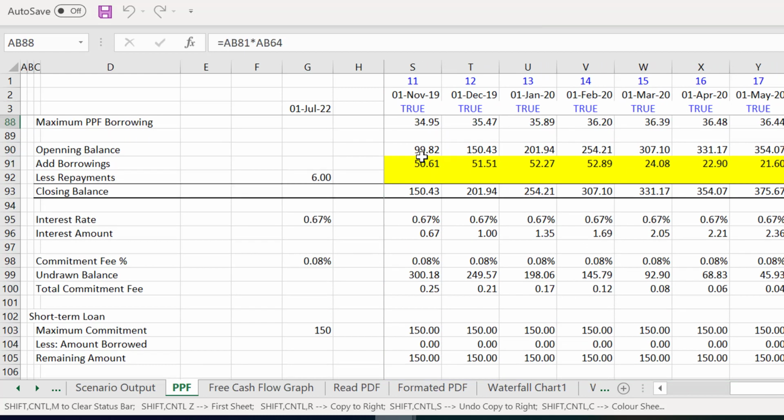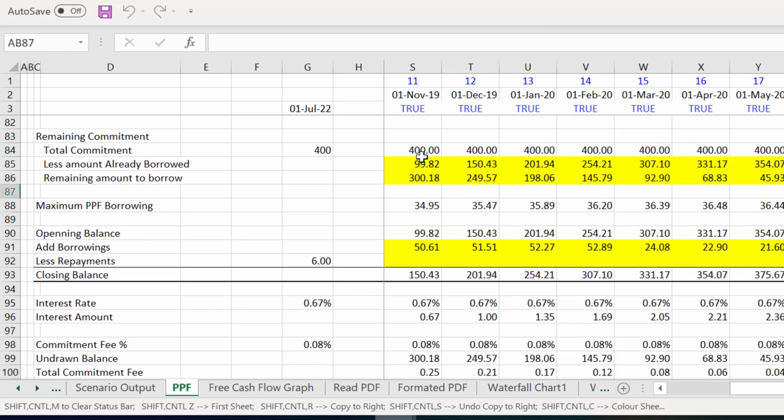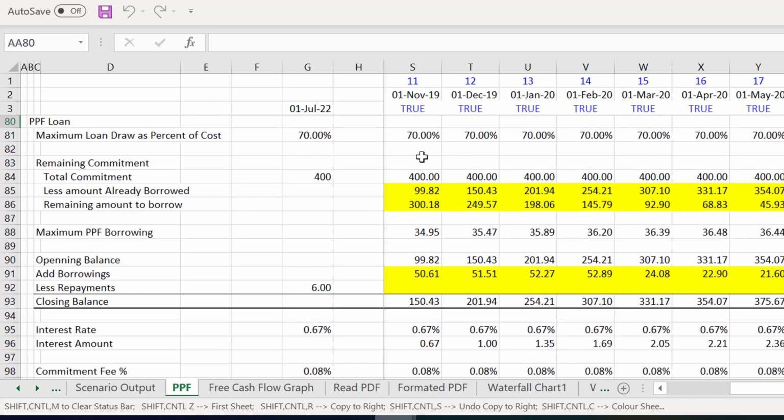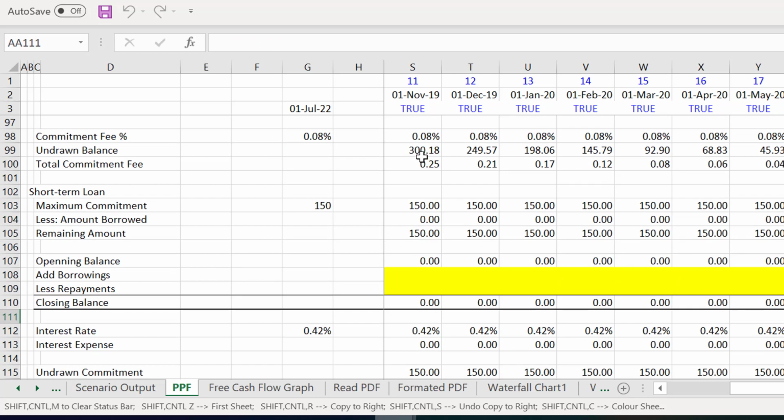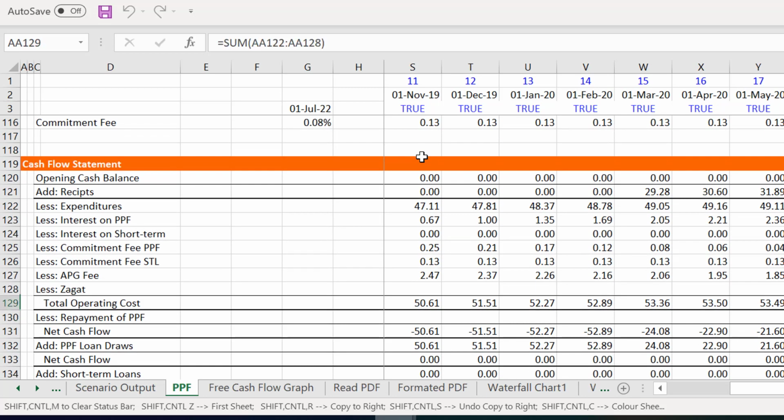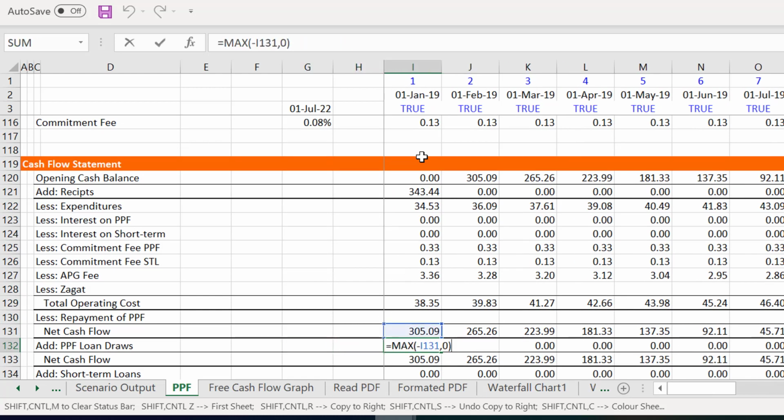It went up to 400. And when it went up to 400, that means we really can't borrow anymore. So that's pretty bad. And so what we better do is, let's look at this one. In this case, we have three standards. This is a limit on borrowing. This is a limit on borrowing. And of course, the final limit on borrowing is the net cash flow that we have. So after we put this little maximum in, we put a minimum in, and this time a minimum of two different things.